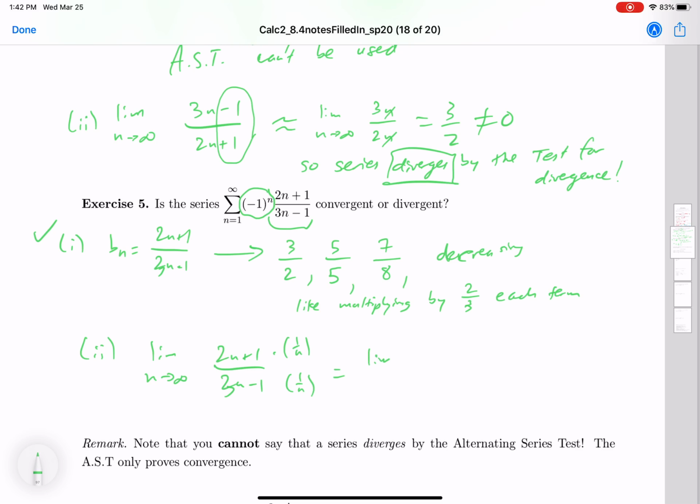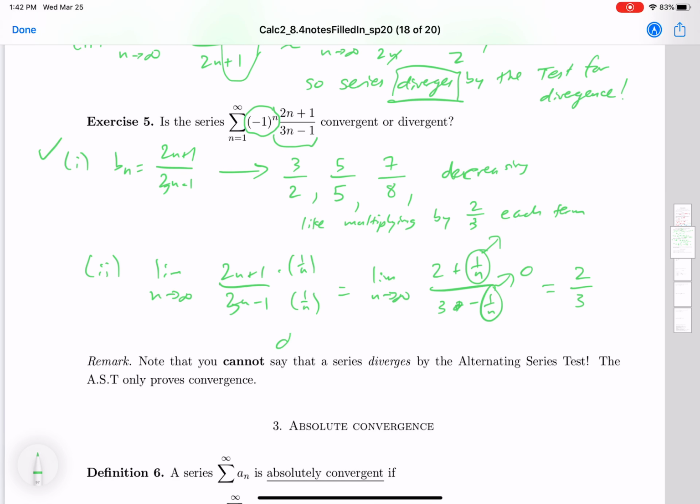And you'd end up getting the limit as n goes to infinity of 2 plus 1 over n divided by 3 minus 1 over n. Both of these go to 0, of course, when you take that limit, and you just get 2/3. So this diverges. It fails the AST because this is 2/3, it's not equal to 0. And it diverges by the test for divergence.